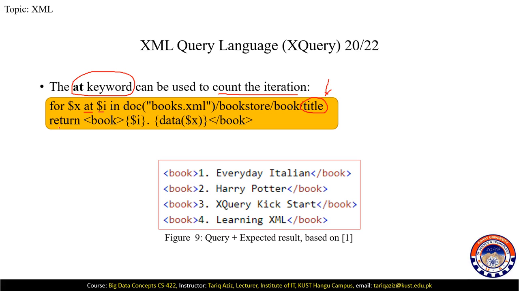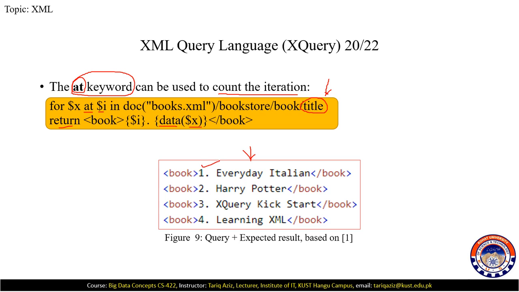The return clause will return whatever is in this variable, but it will only return the title element. If you look at the result of this query, we said that we can use the at keyword to count the iteration. So here we are counting the iteration.